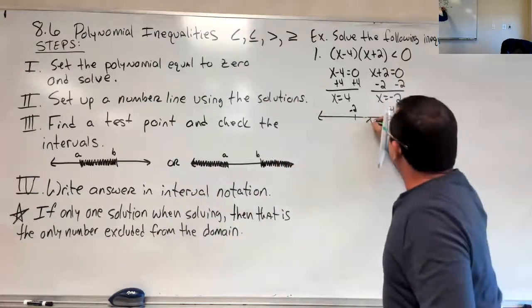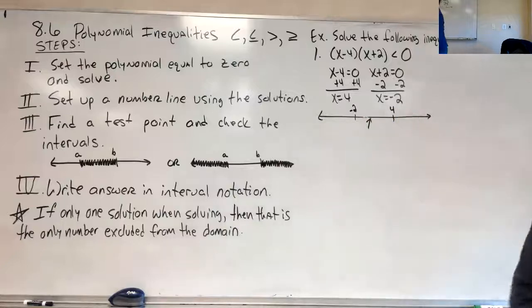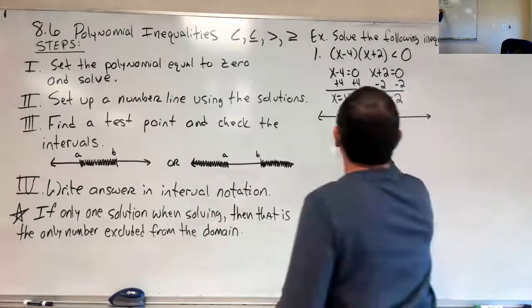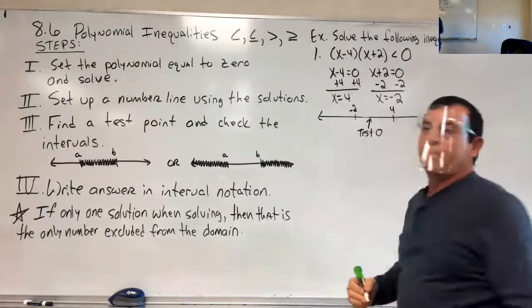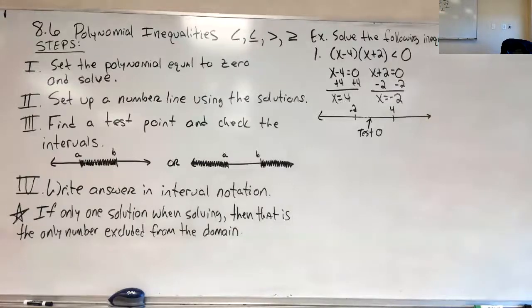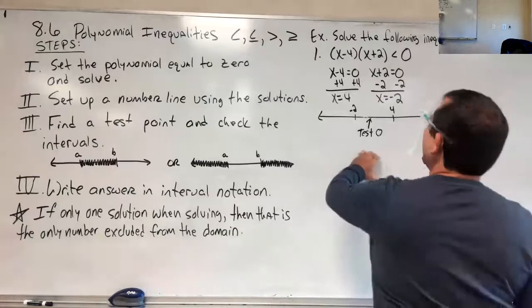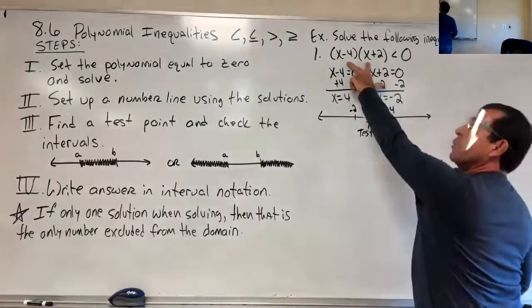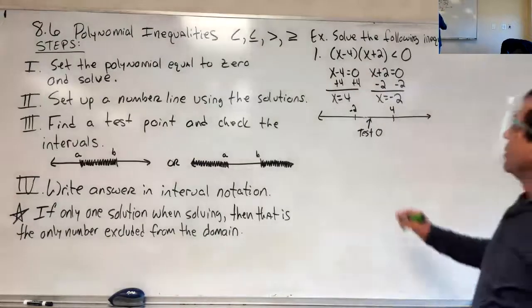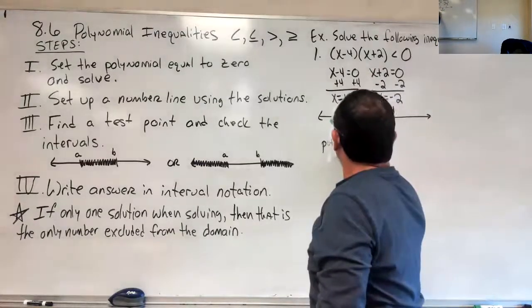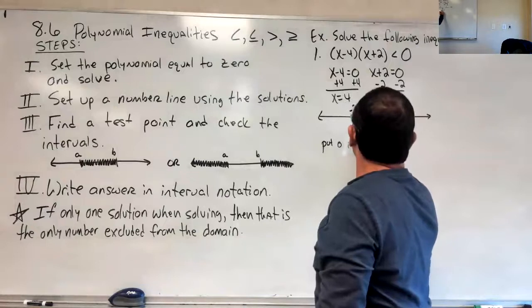Well, I'm going to check a number that I know is in between that negative 2 and 4, and that's 0. Okay. To me, 0 is the easiest number to test. So to test the 0, I'm going to put my 0 into this equation and see if it's true or not.